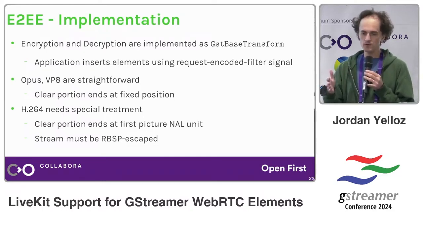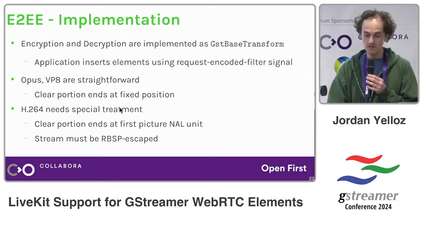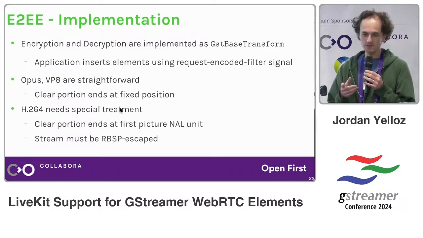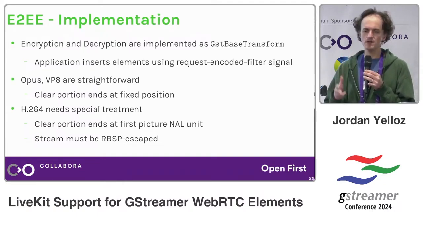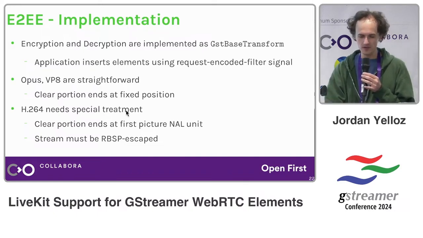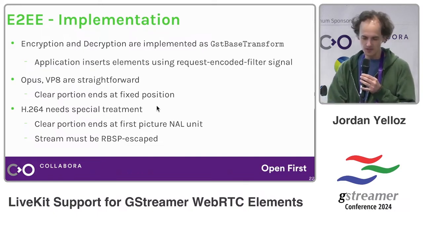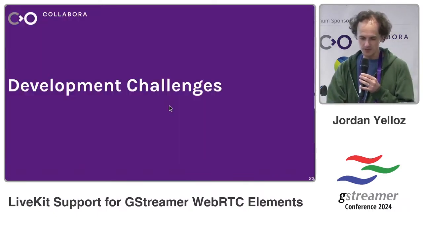Everything before the first picture slice is unencrypted, and everything after that is encrypted. In addition, there is an escaping mechanism in the H.264 layout. You have to engage that because when you encrypt, you could end up creating more of those stop patterns and mess up the whole thing. So you have to wrap it in an escaping mechanism.